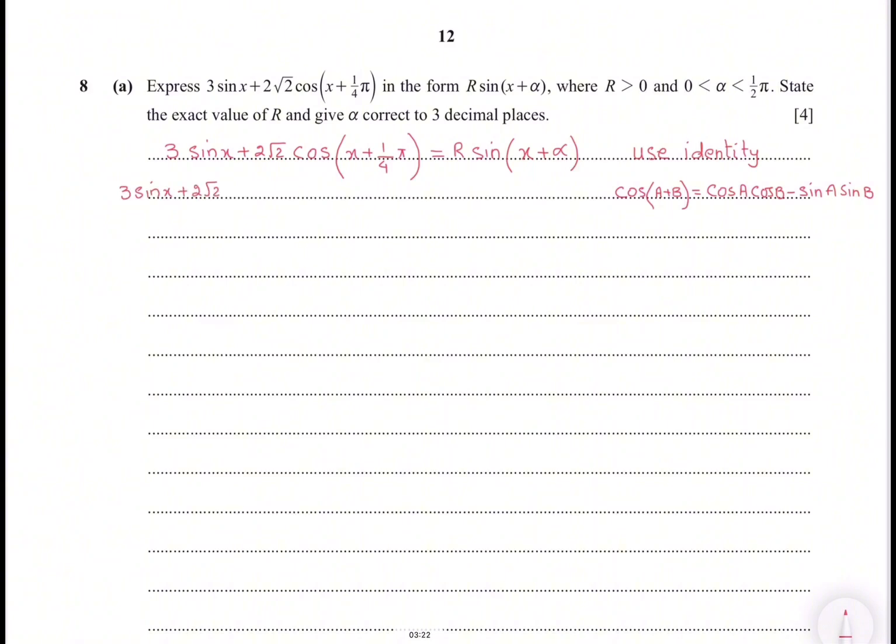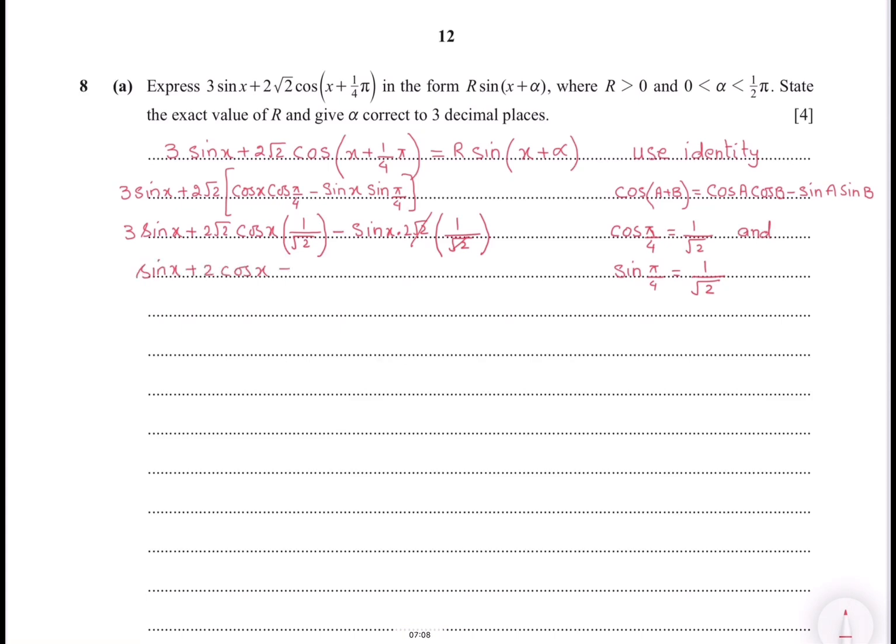So it becomes cos x cos pi by 4 minus sin x sin pi by 4. Cos pi by 4 is 1 over root 2, and sin pi by 4 is 1 over root 2. So simplify it, you get this.